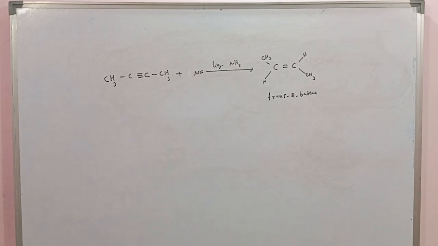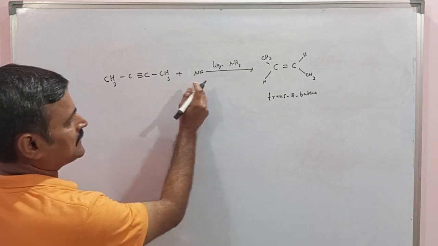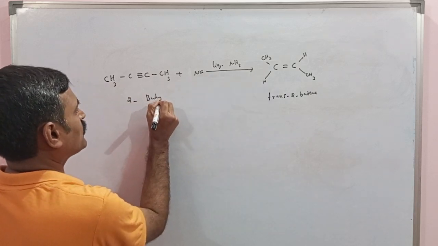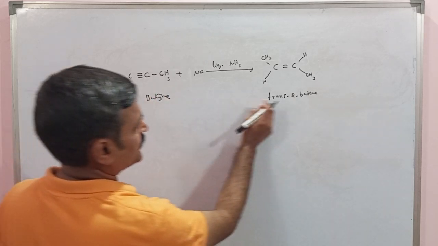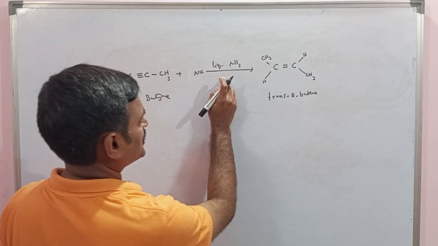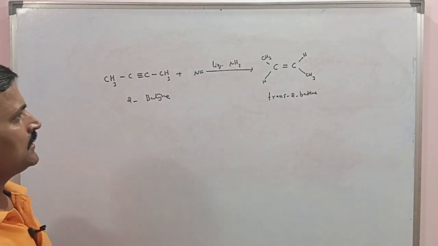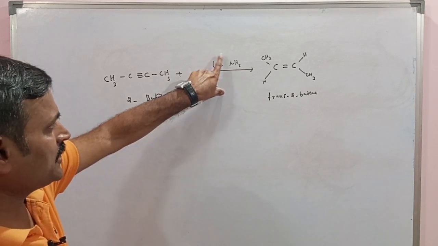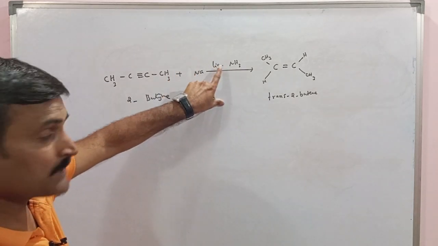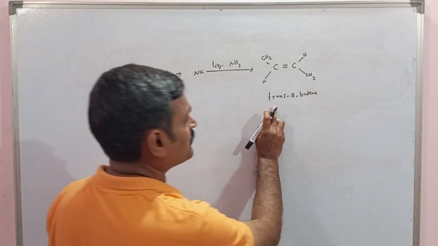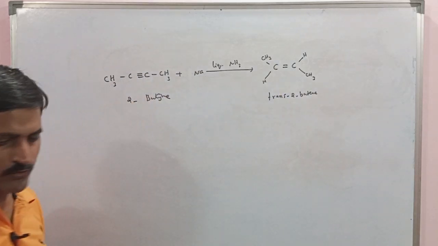So carefully observe, this is the equation for that: 2-butyne treated with sodium metal in liquid ammonia is converted into trans-2-butene in this reduction reaction. This is also called Birch reduction. If they give Lindlar's catalyst, meaning palladium barium sulfate supported by quinoline solution, then your answer will be cis-2-butene.